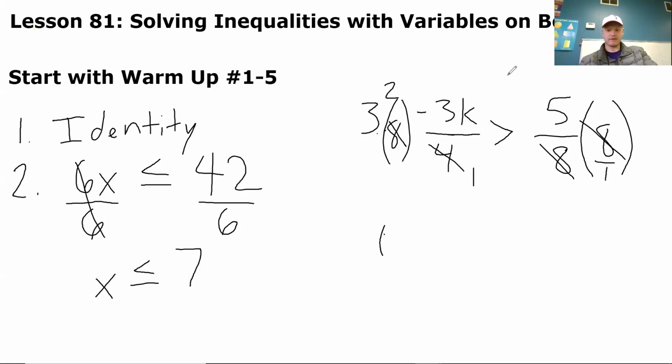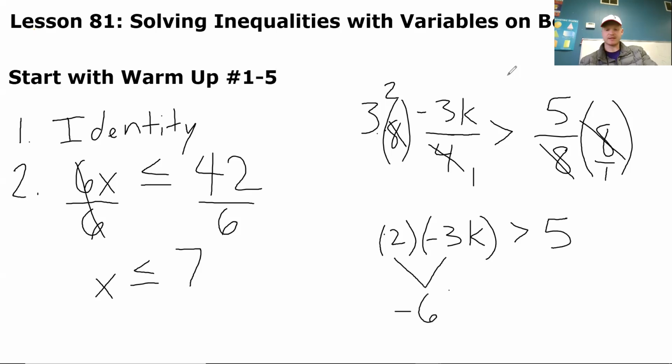So we are left with 2 times -3k is greater than 5. And then we'll do seed here. We have 2 times -3, which is going to be -6k is greater than 5.